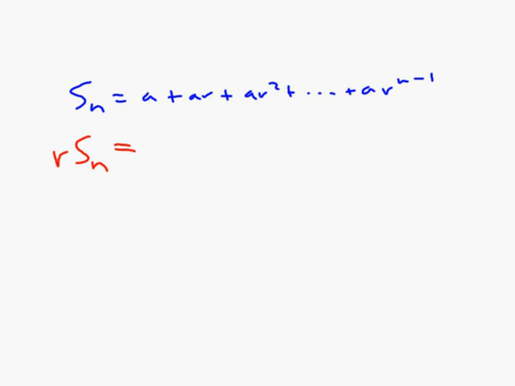I multiply on the left by r, I get r times Sn. On the right, r times a is Ra. And I multiply this next term by r, and it becomes ar squared. And this term becomes ar cubed plus.